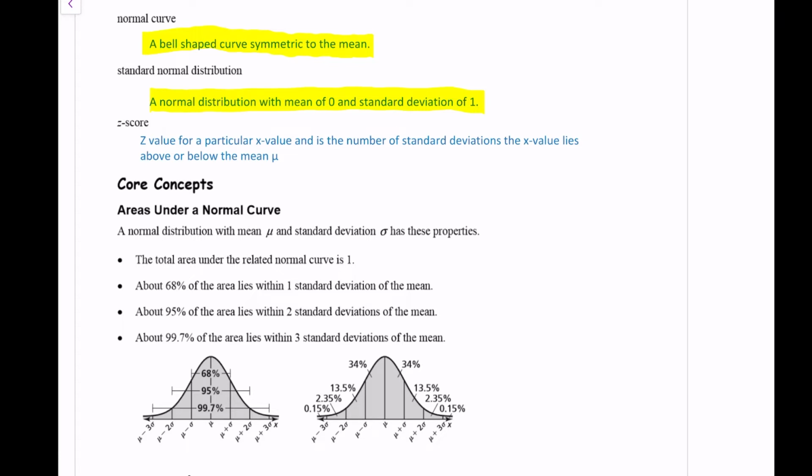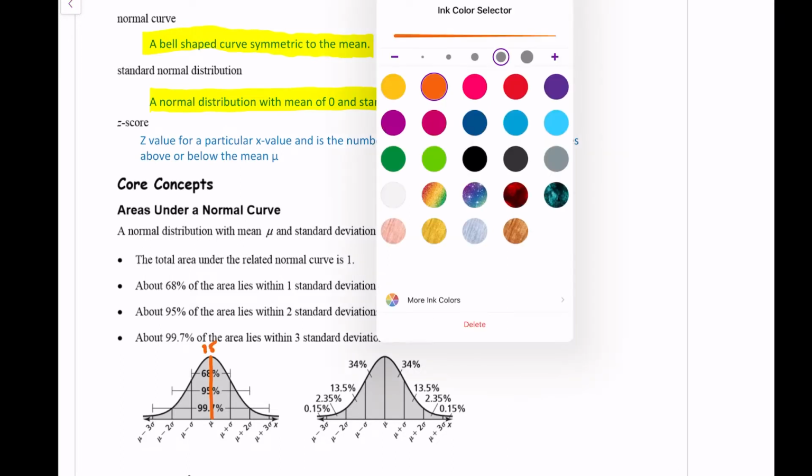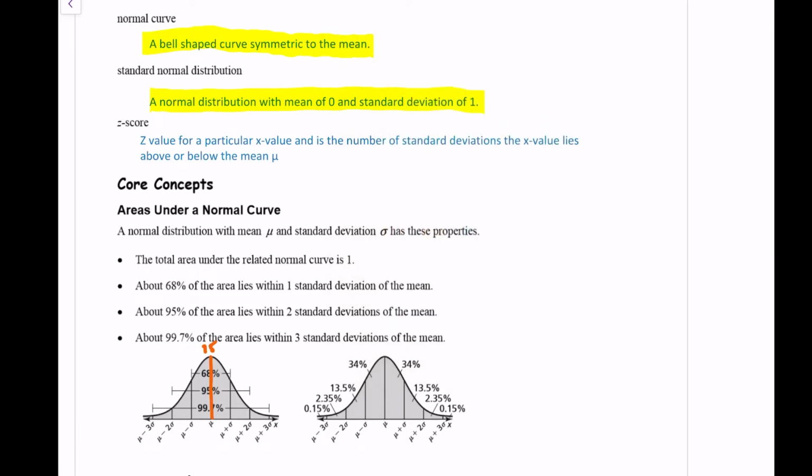Think of 1 as 100%. The first part right here is that about 68% of the area lies within 1 standard deviation of the mean. So what exactly does that mean? Well, if we take a look right here, I drew a line that goes through the mean, mu. Let's just say in test scores for a class, we'll represent that with a score of 75.